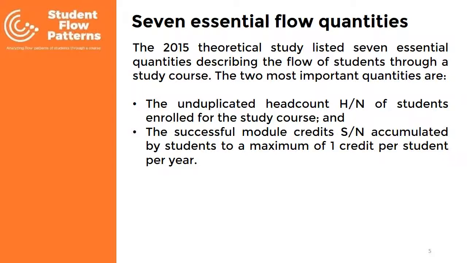The 2015 theoretical study listed 7 essential quantities describing the flow of students through a study course. The two most important quantities are the unduplicated headcount H/N of students enrolled for the study course and the successful module credits S/N accumulated by students to a maximum of 1 credit per student per year.